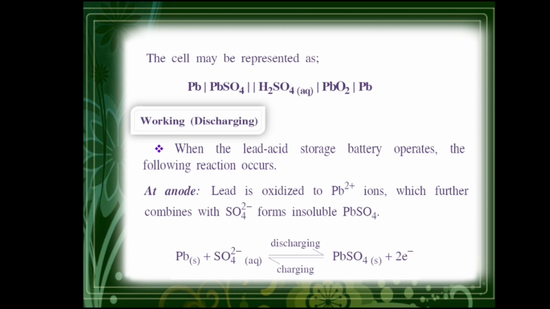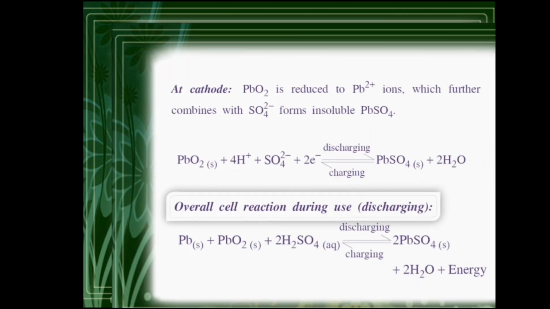Lead combines with sulfate ion, giving lead sulfate plus 2 electrons. Here the arrow is a double arrow, which indicates that both forward and backward reactions take place.